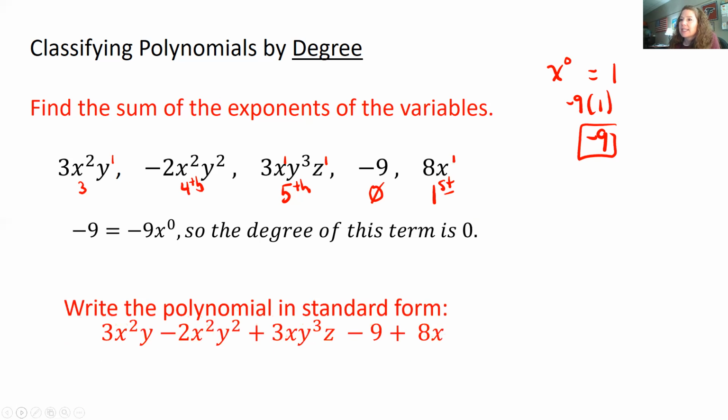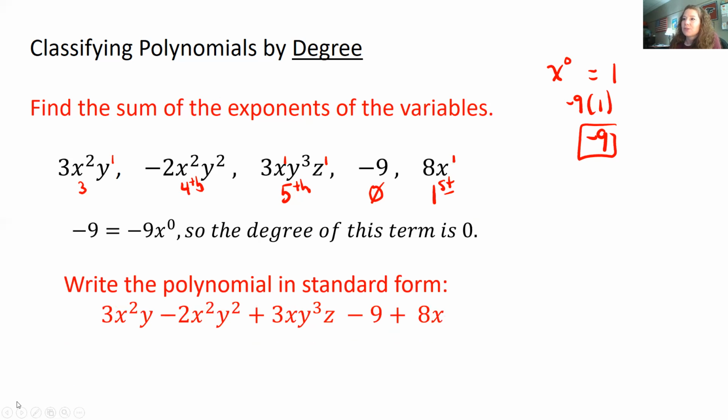All right, the next thing it says is to write the polynomial in standard form. Basically you put those degrees in numerical order. You always start with the one that has the highest degree. These are the same numbers and terms as what we had up here.